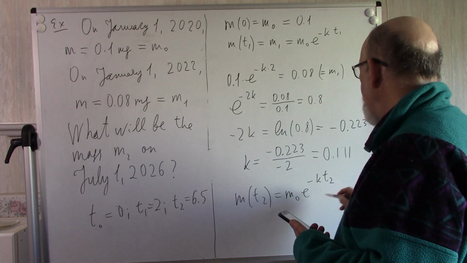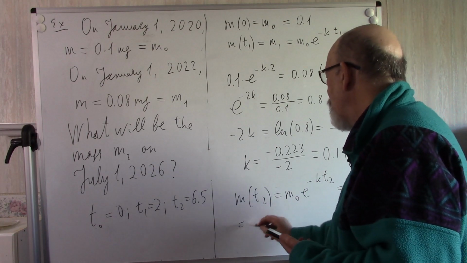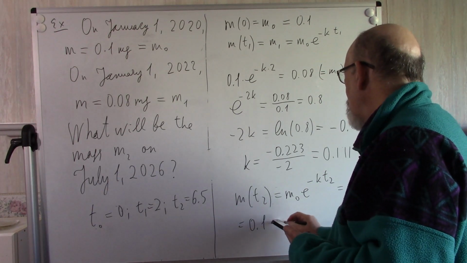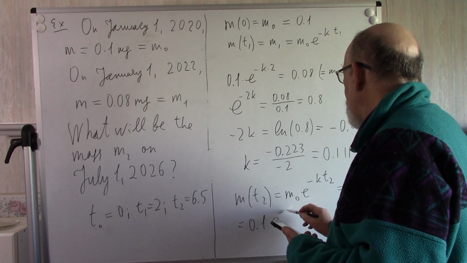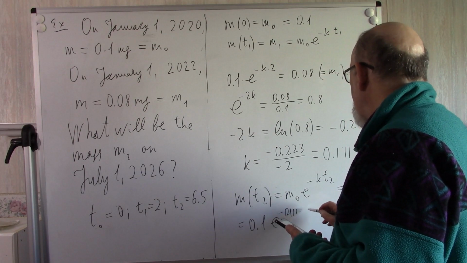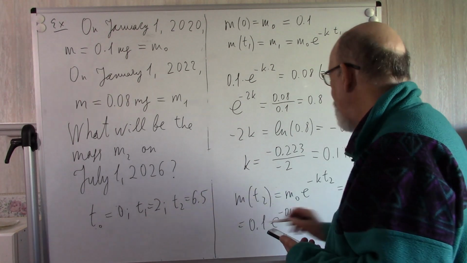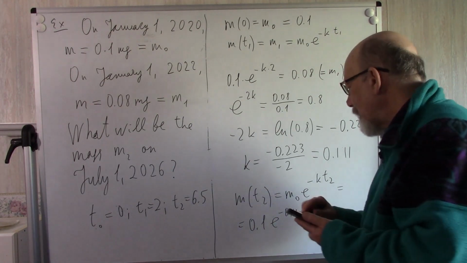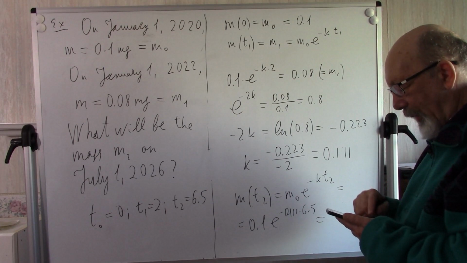Now we have everything: 0.1, it is M0, e to the minus 0.111 times T2, it is 6.5. Equals, let us find it.